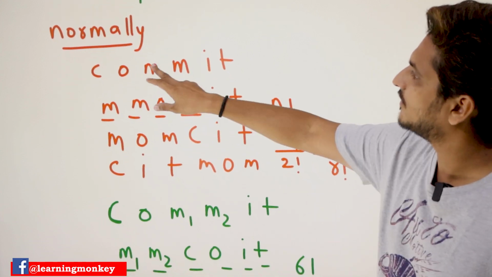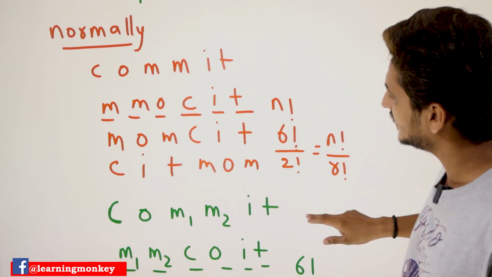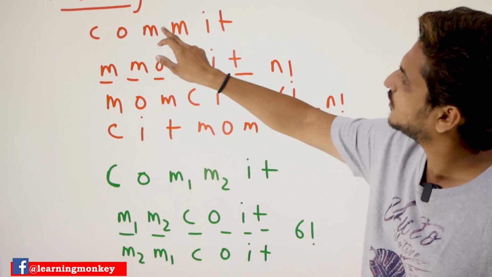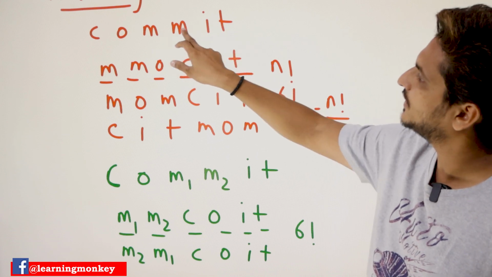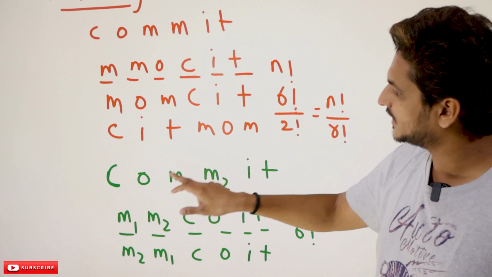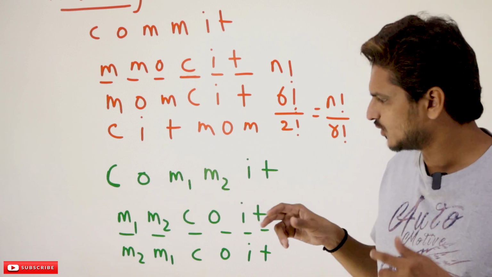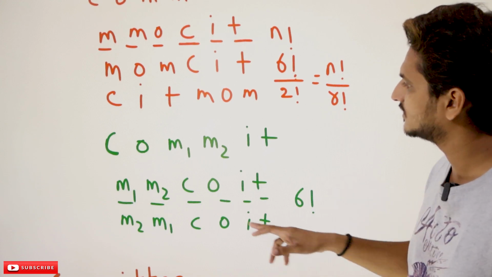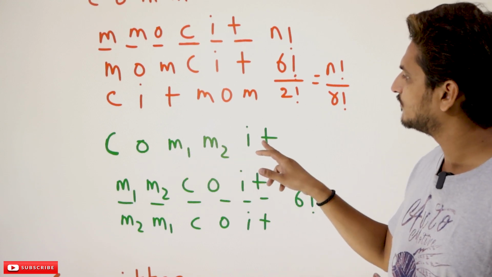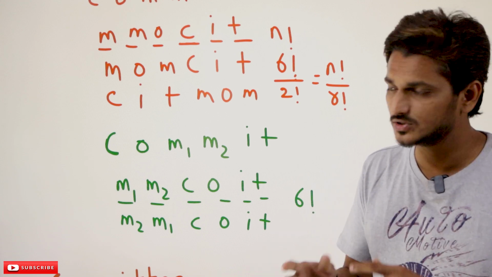Before moving into the actual formula, see here: C-O-M-M-I-T, M is repeated. Assume the case where M is not repeated: C, O, M1, M2, I, T. These 6 characters can be arranged in 6 different positions.